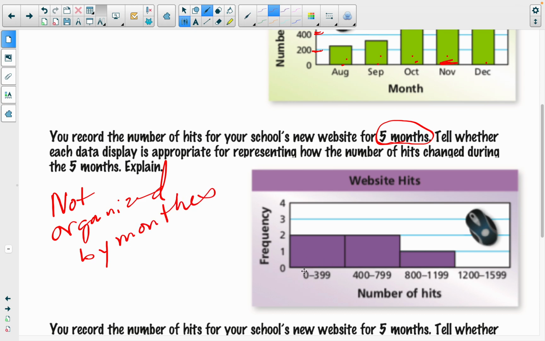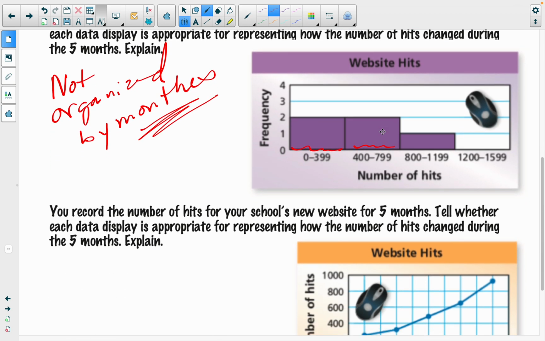It just lumps them all together into the category of how many hits there were from the 0 to 399, how many hits in the 400 to 799. But this is misleading and not an appropriate graph, because we're trying to tell what kind of change is happening over a 5-month period.